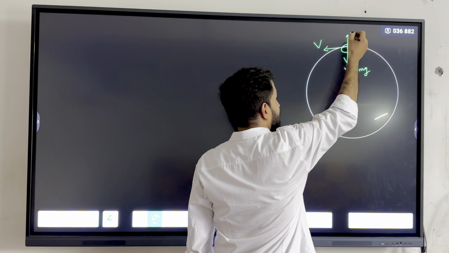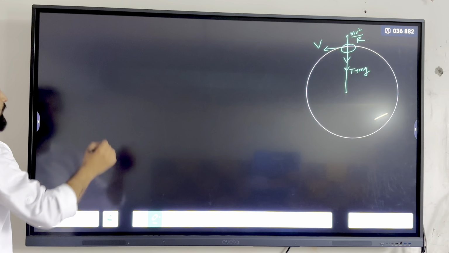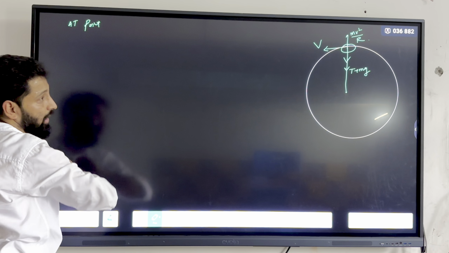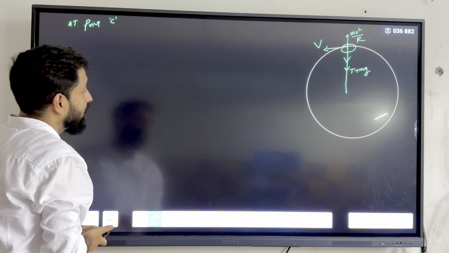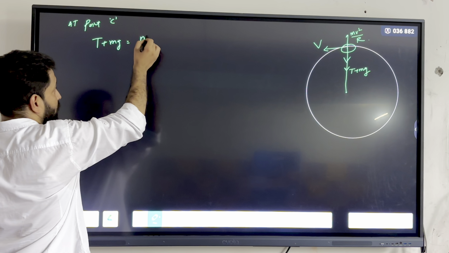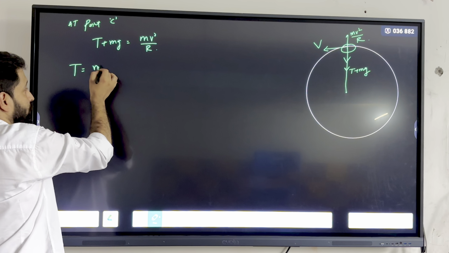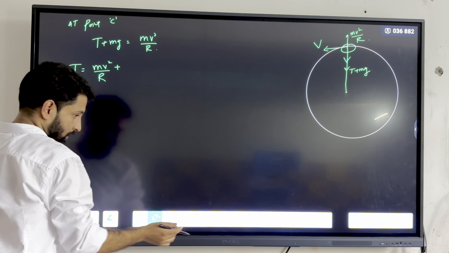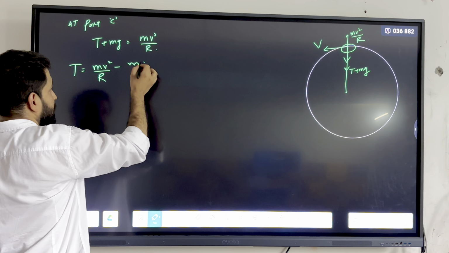So here it will be mv^2 by r. We are discussing point C, that is the critical point. So T plus mg will be equal to mv^2 upon r, so tension will be equal to mv^2 upon r minus mg.